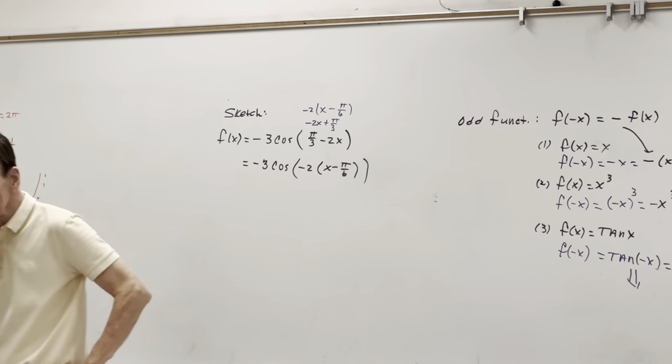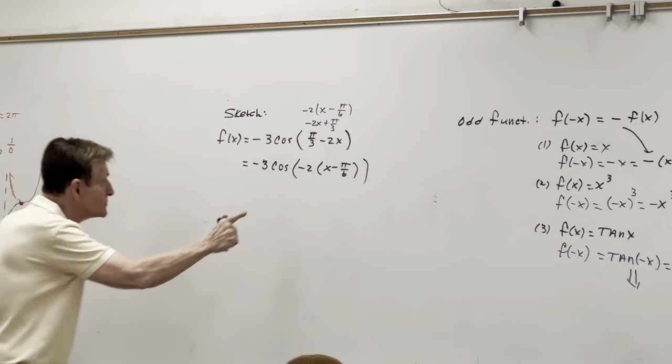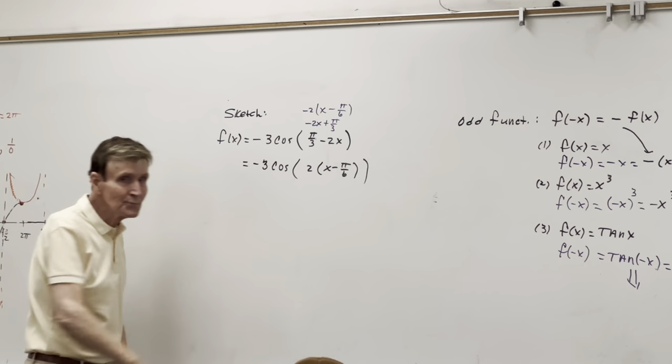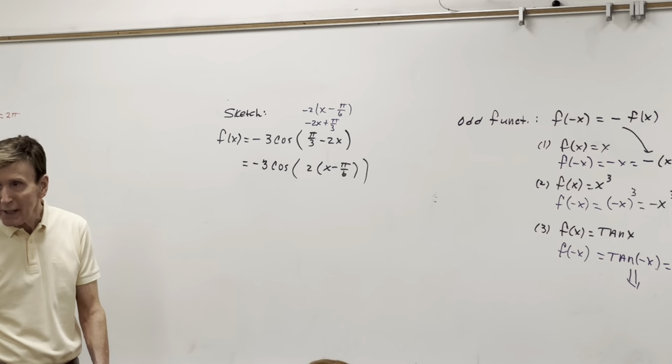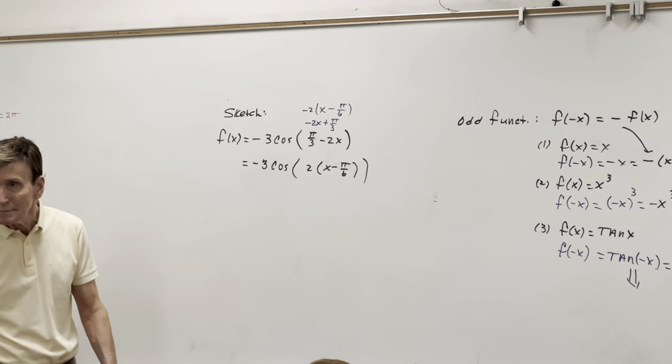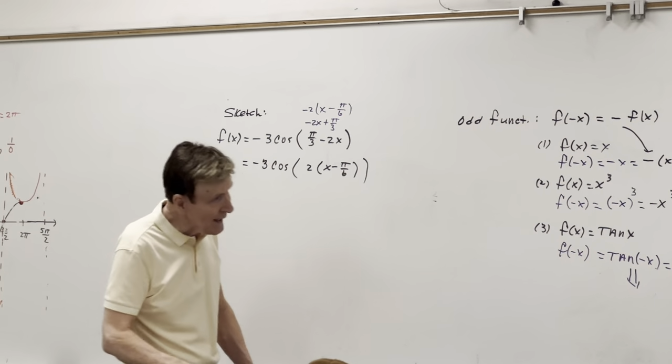You can get rid of the negative in front of the 3. So that's one transformation gone, just knowing it's even. You're allowed to drop that negative sign.